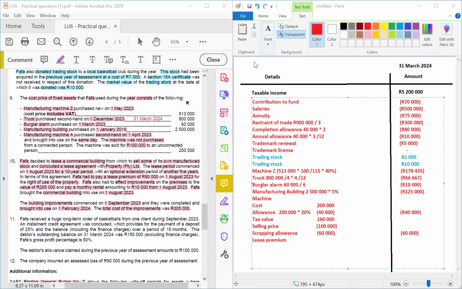Machine A, I will explain a bit later, because machine A is not really important compared to this part. We'll explain at the end. So for the lease premiums, I know that I am given 90,000, and it was for the right to use the property.